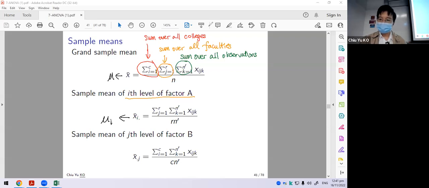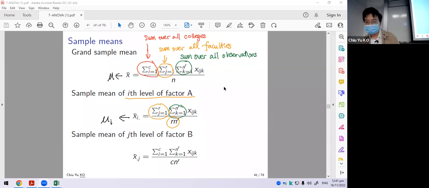The green one is the sum over observations, and the orange one is the sum over all the faculties. So given a college, I sum over the faculty observations of that particular college and divide by how many of them. So what does that mean in the diagram?